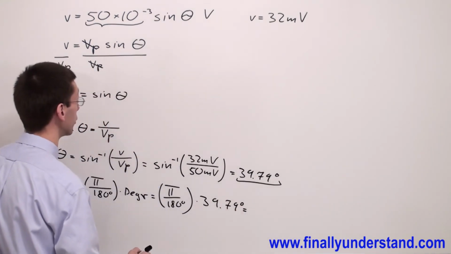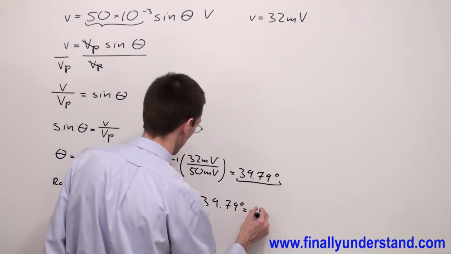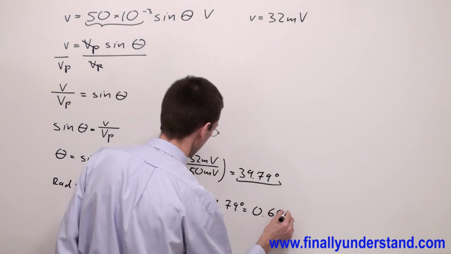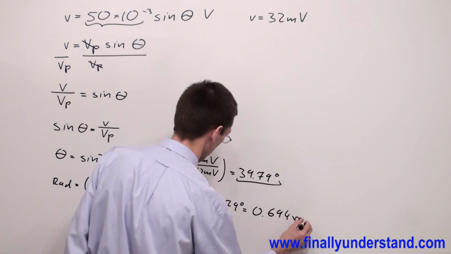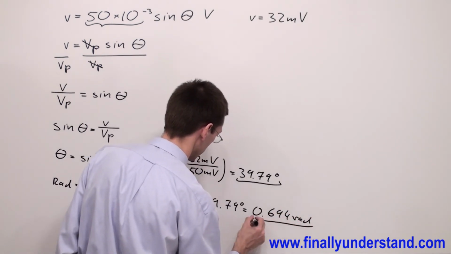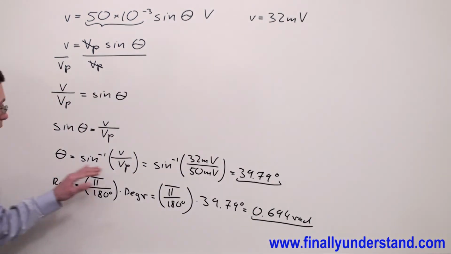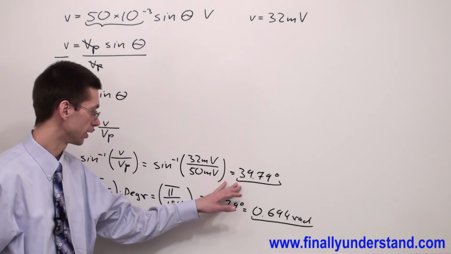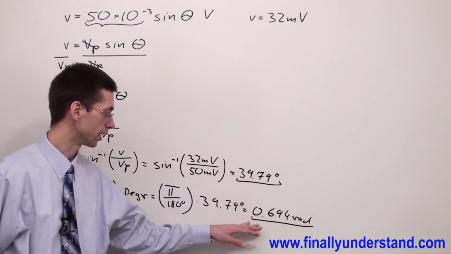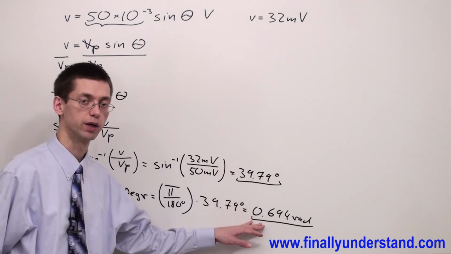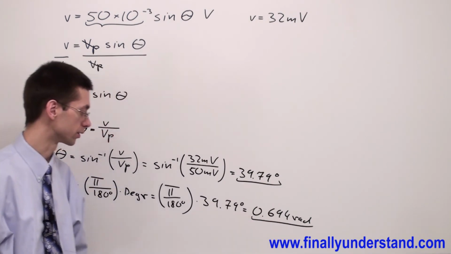This is going to be equal to 0.694 radians. This is my angle expressed in degrees, and if someone wants to get the angle expressed in radians, this is my solution in radians.